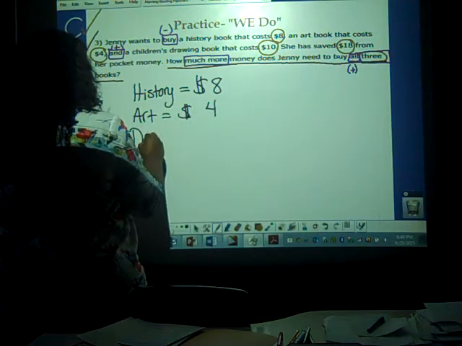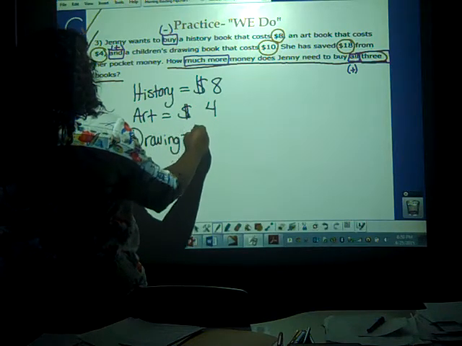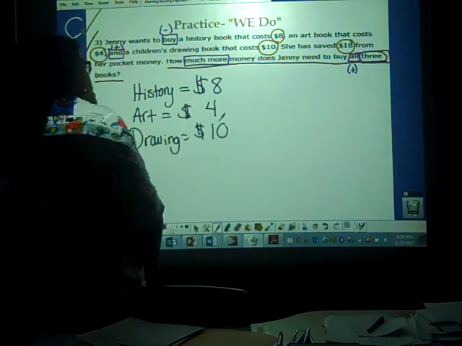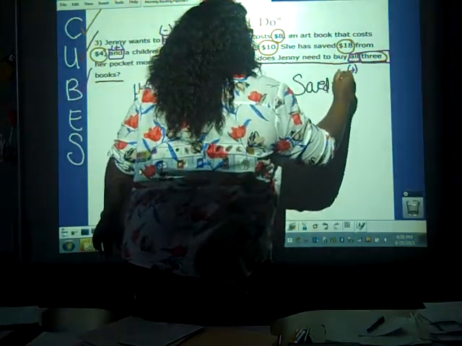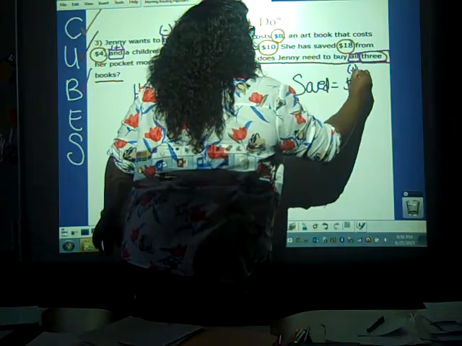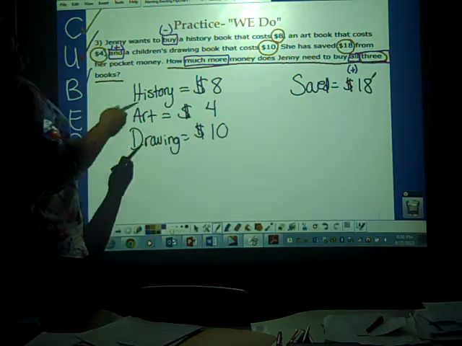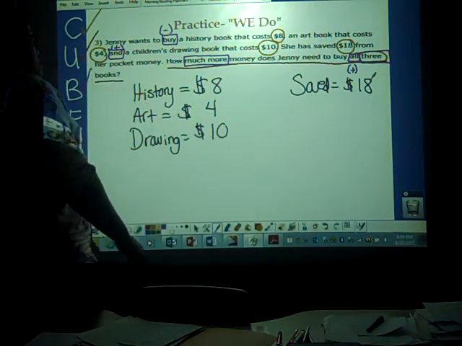And the drawing book costs $10. She saved $18. How much more money does Jenny need to buy all 3 books?